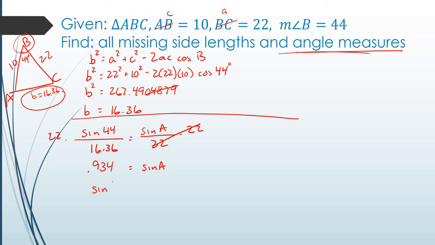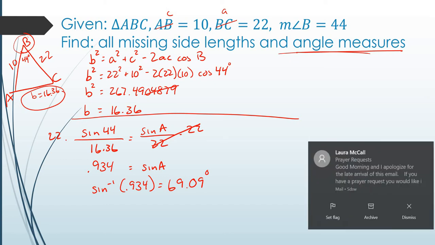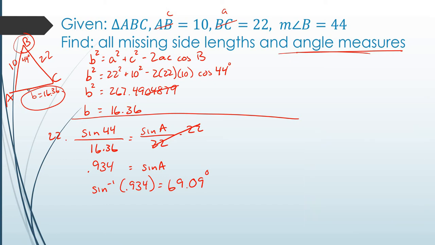And then using sine inverse and your calculator again, I get that angle A is 69.09 degrees. Then to find angle C, all I have to do is use 180 minus angle B minus angle A, and that will give me angle C, which was 66.91.